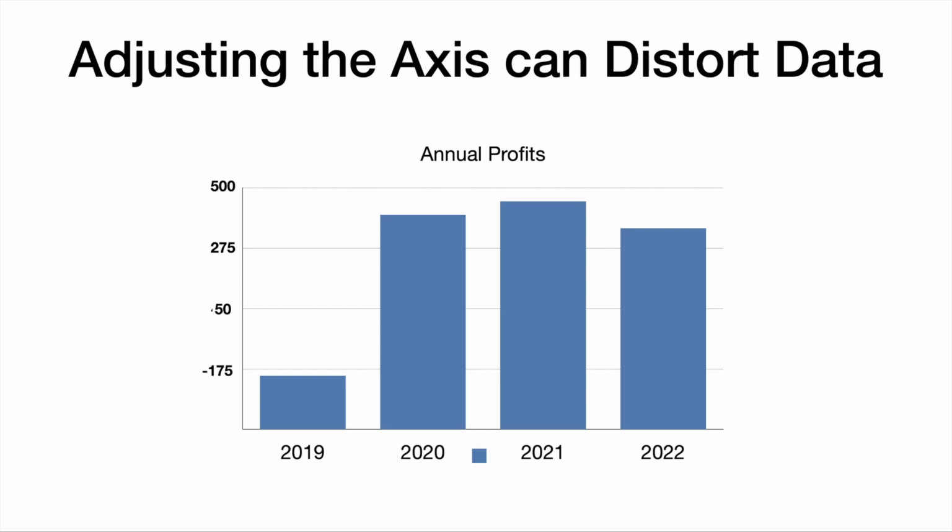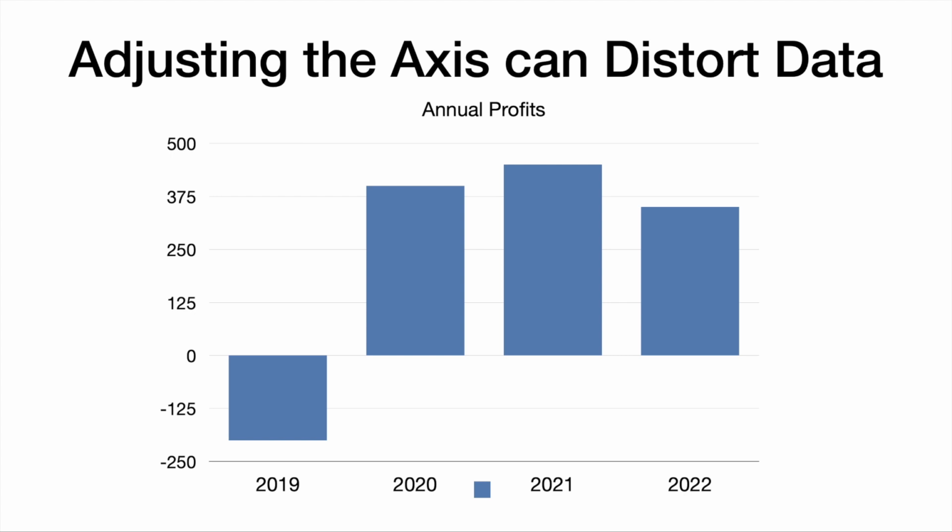A more honest chart would display this information without resorting to negative values on the axis that look positive, but would do something like this. So here it's clear that in 2019 the profits were negative and they were losses.